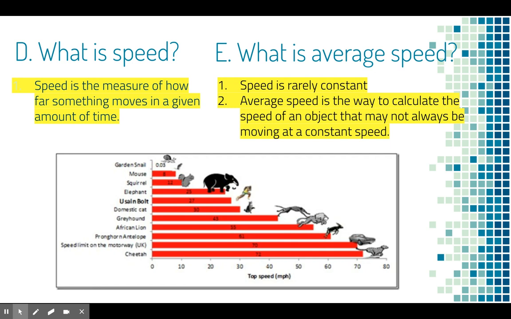What is speed? Speed is the measure of how far something moves in a given amount of time. So if I were driving from Rogers Middle School, taking a highway down to Maple Grove, and I knew it's, let's say, 10 miles to get there, and it took me 10 minutes to get there, I could measure my speed because I know how far I went.